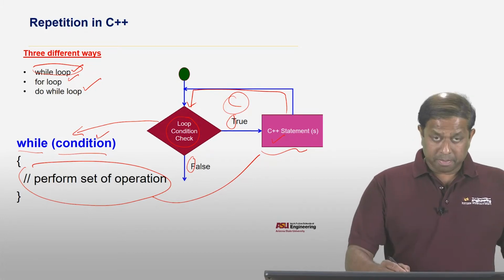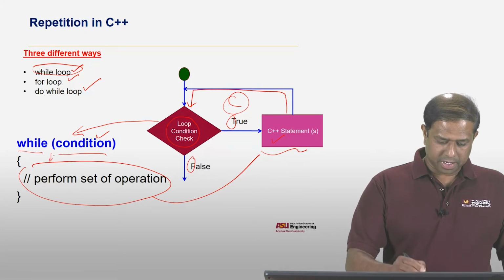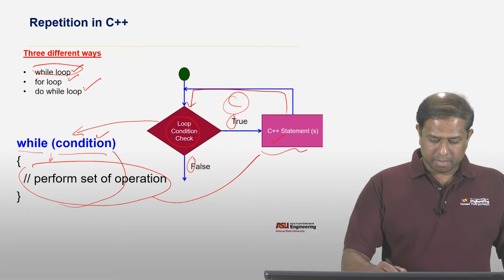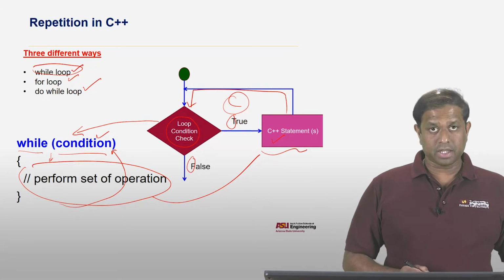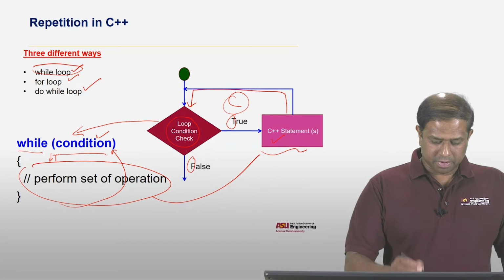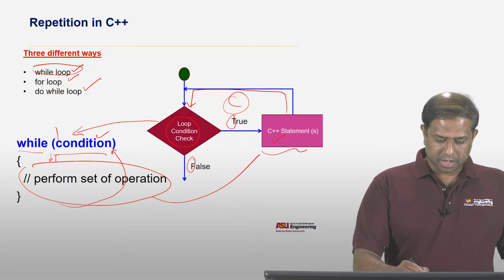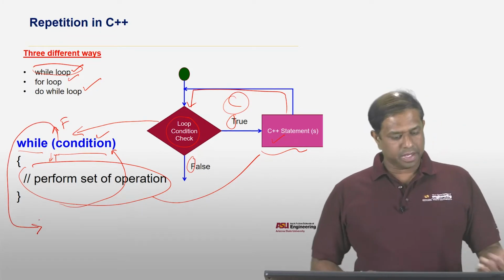If the stopping condition has not been reached, we go ahead and repeat the statements over and over again and come back to the condition check after executing the last statement inside the while loop. As long as this condition gives true, we are going to repeat it. If this condition gives us false, at that point we get out of the loop.